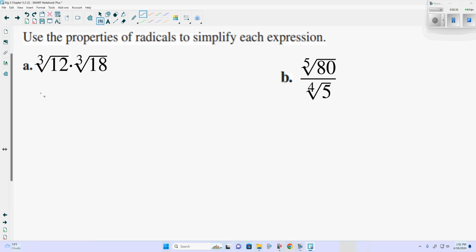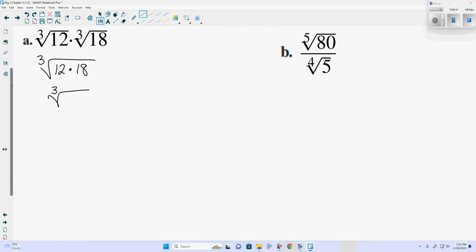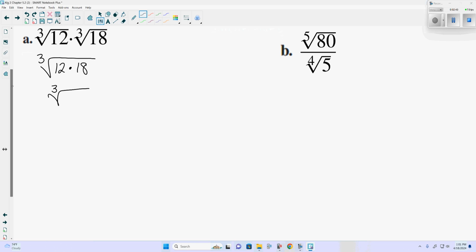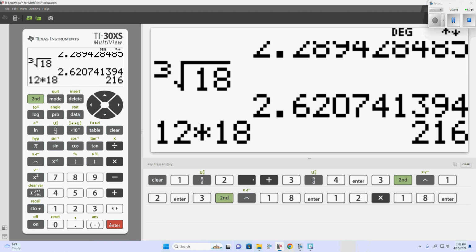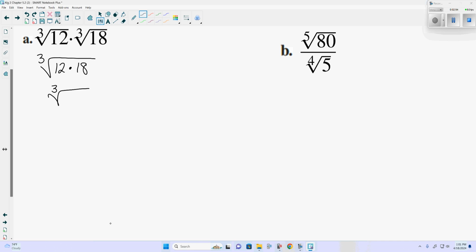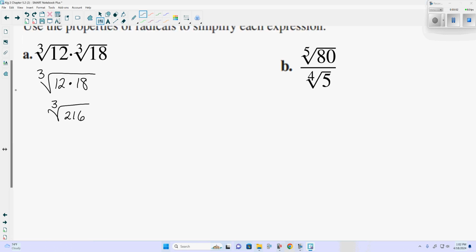So we could rewrite this as, say, the cubed root of 12 times 18. And 12 times 18 is 216. Now at this point here, we can try taking the cubed root of 216, which we can.